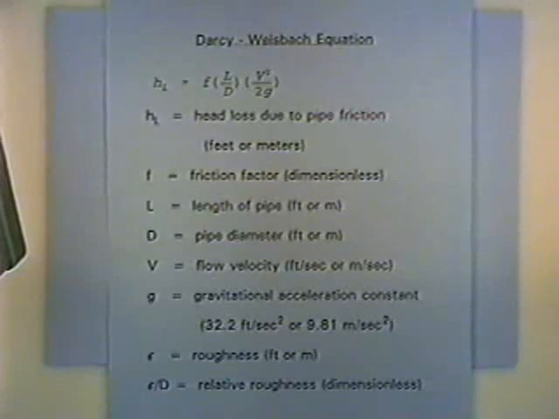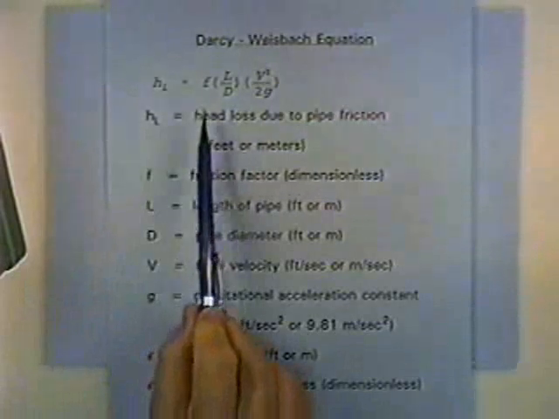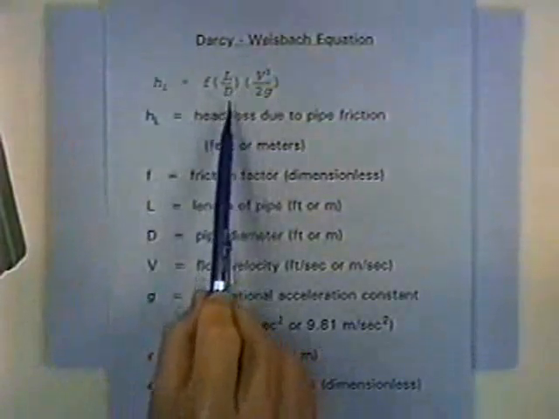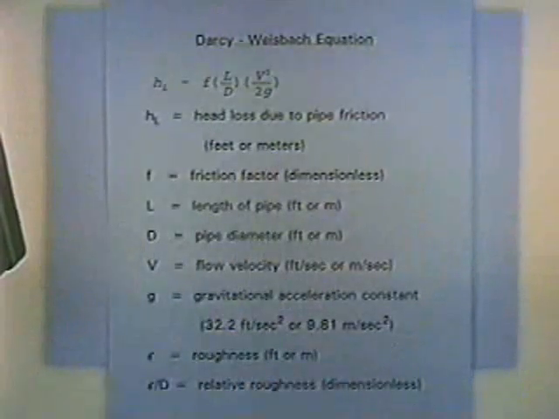The Darcy-Weisbach equation says that the head loss is equal to an empirically determined friction factor f times the length of the pipe divided by the diameter of the pipe times the velocity head. The velocity head is V squared over 2g. So your units: the head loss is either feet or meters, the length of the pipe and the diameter of the pipe, either feet or meters, and then that puts your velocity in feet per second or meters per second, and the acceleration of gravity, g, is either in feet per second squared or meters per second squared, either English or metric units.